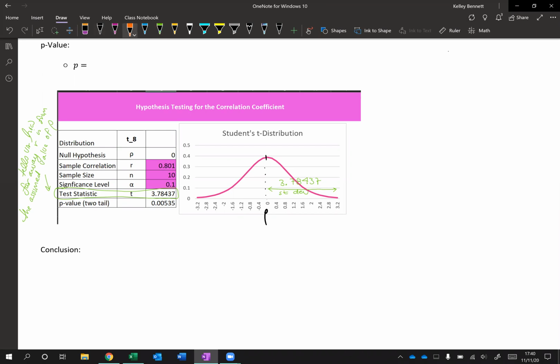Moreover, it's telling me that the probability of being that far out is 0.00535.